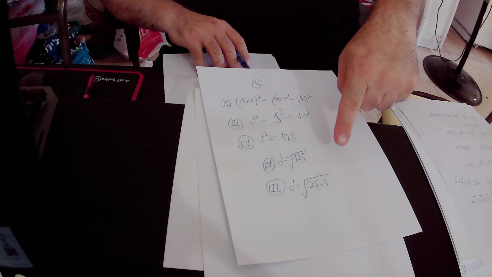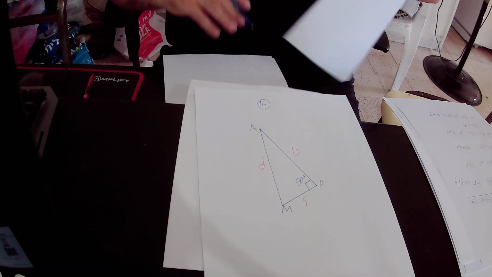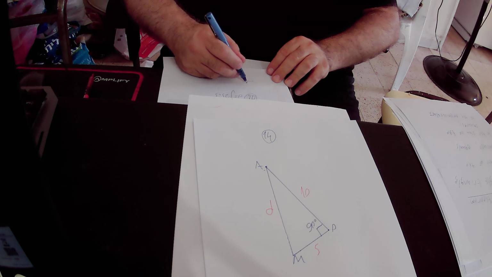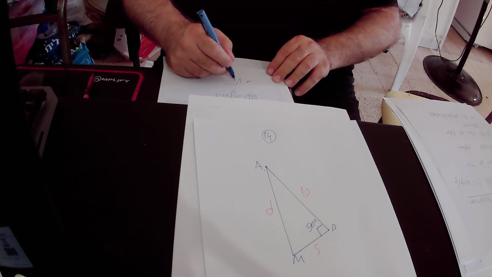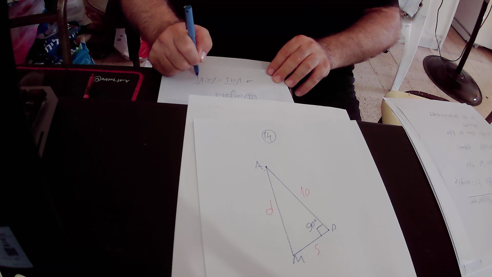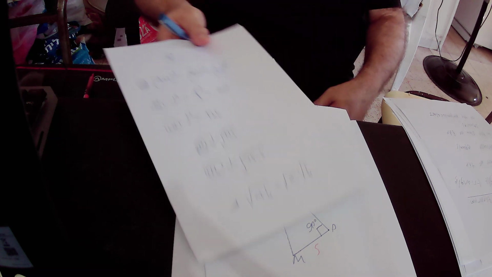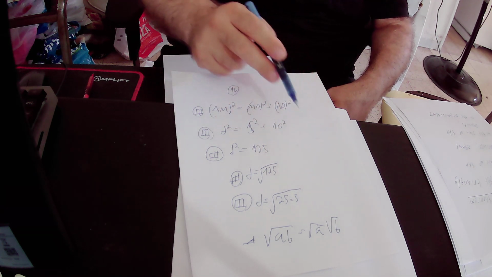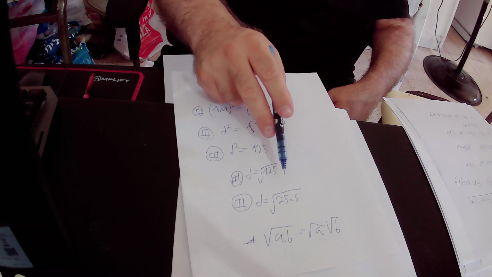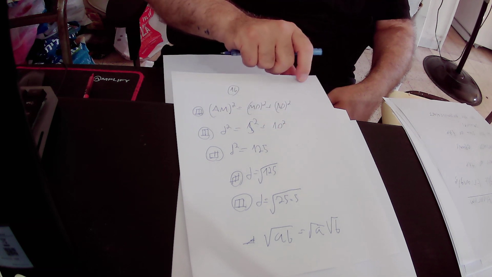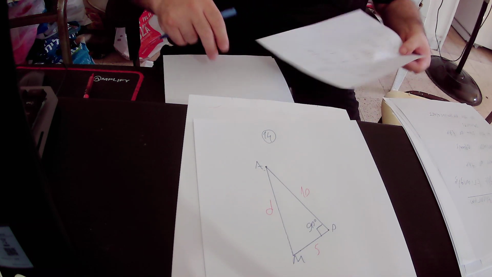Now here we can split the root into 2 roots according to the rule that the square root of a times b equals root a times root b. So in the same way we can split the root of 25 times 5 according to this rule.